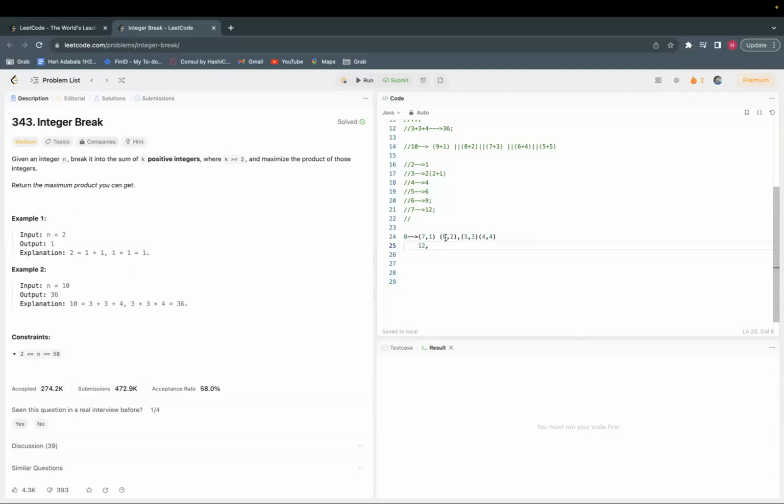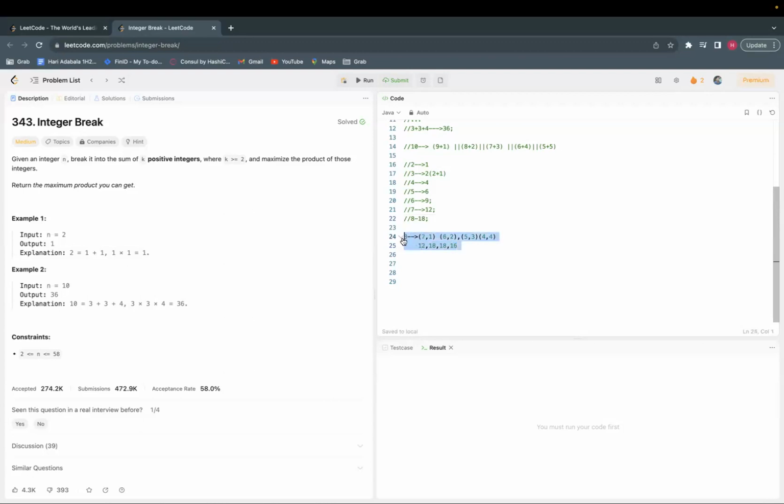For 6 comma 2, for 6 the maximum possible value is 9, so 9 star 2 is 18. For 5, the maximum possible value is 6, 6 star 3 is 18. And for 4, the maximum possible value is 4, 4 star 4 is 16. So for 8 it is 18, right?